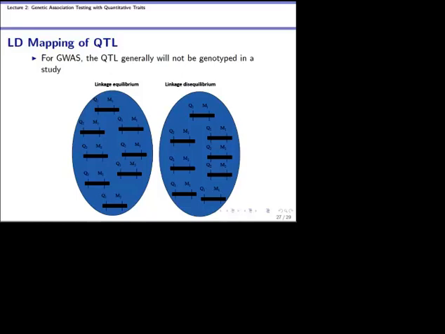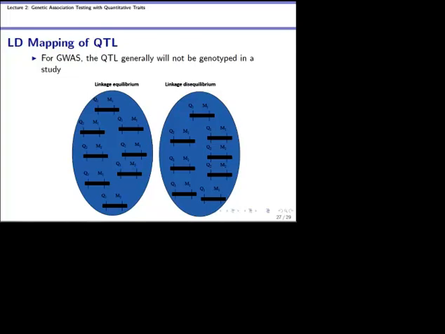So you're really testing for association, because you don't know what the causal variant is, and you're hoping that the marker that you genotype is tagging it very well. So here in this equilibrium, you're testing a marker that has no association at all, or is not tagging.